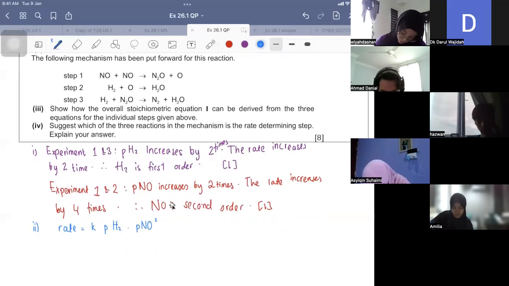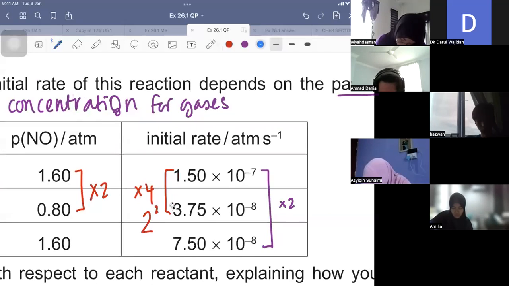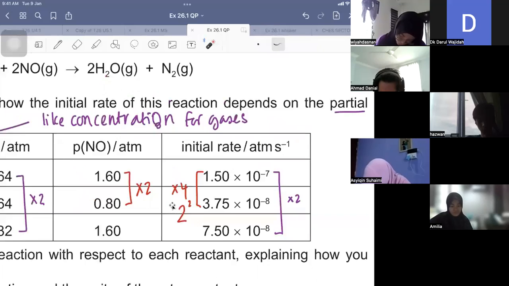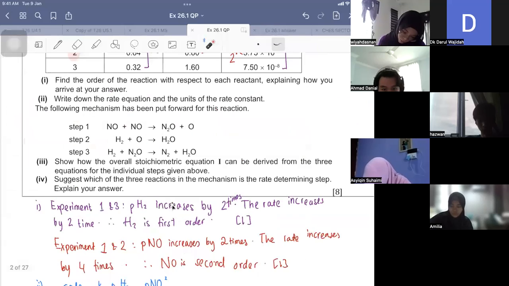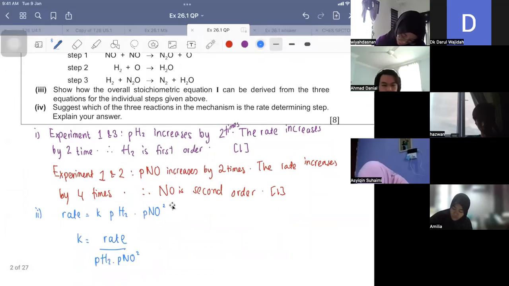So to work out the units, we rearrange. k is equal to rate over partial pressure squared. The unit of rate, if you did not know, again, I say look at the information in the question. We don't use mol per dm cubed, we use atm. We can also use pascal, or grams per dm cubed.